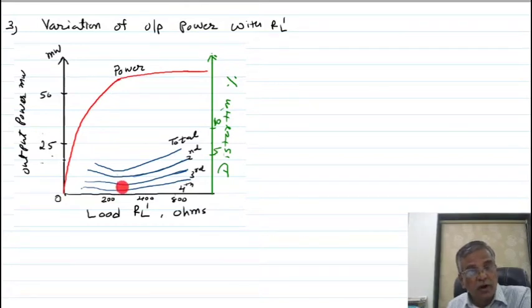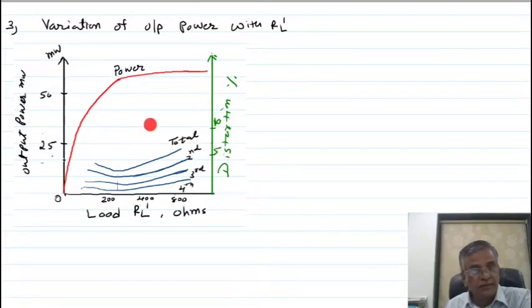For a good power amplifier, harmonic distortion should be less. It should be designed in such a way that it gives less harmonic distortion.